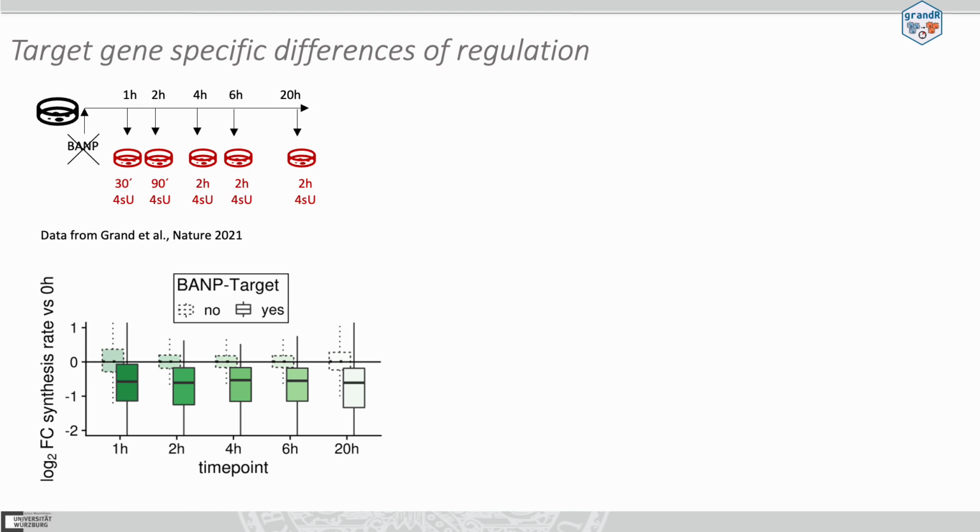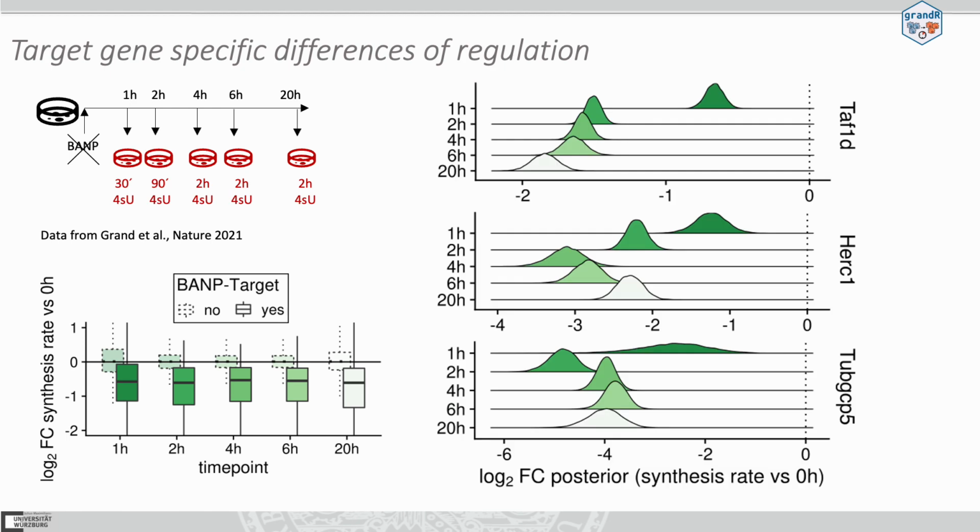To further investigate this, we analyzed the synthesis LFC posterior distributions for individual genes, and we saw substantial gene-specific differences. Some BAMP targets like TEF1D showing gradually decreasing synthesis rates with effective downregulation only later than the 1 hour time point.